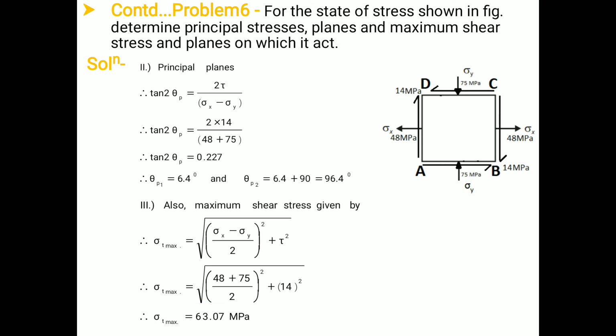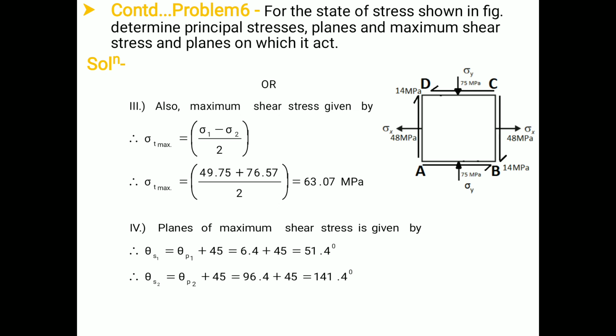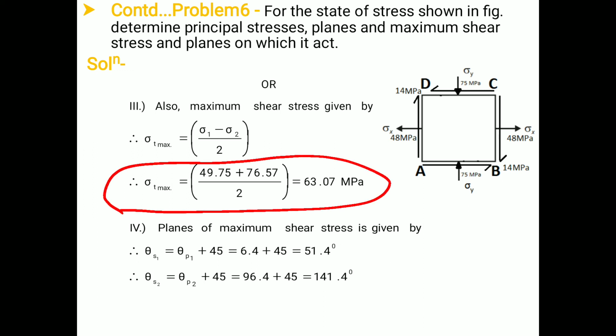Remember that we can also find out the maximum shear stress by another formula: tau maximum is equal to (sigma 1 minus sigma 2) divided by 2. We have already found the values of sigma 1 and sigma 2, so from that also we have tau maximum 63.07 MPa. So this is another way to find out the maximum shear stress.